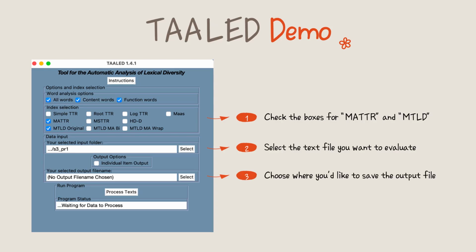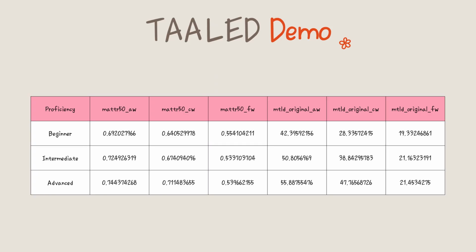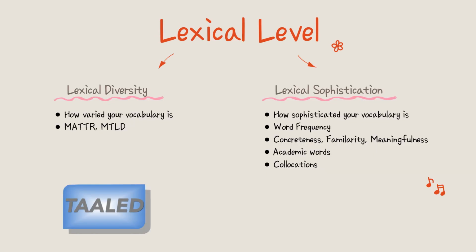Then choose where you'd like to save the output file, usually as an Excel CSV file. Once everything is set, click the Process Text button. In just a few seconds, you'll get a detailed report showing your lexical diversity scores. And here is the average score of lexical diversity across three proficiency levels. You can compare your own results with those scores to see where your writing stands.